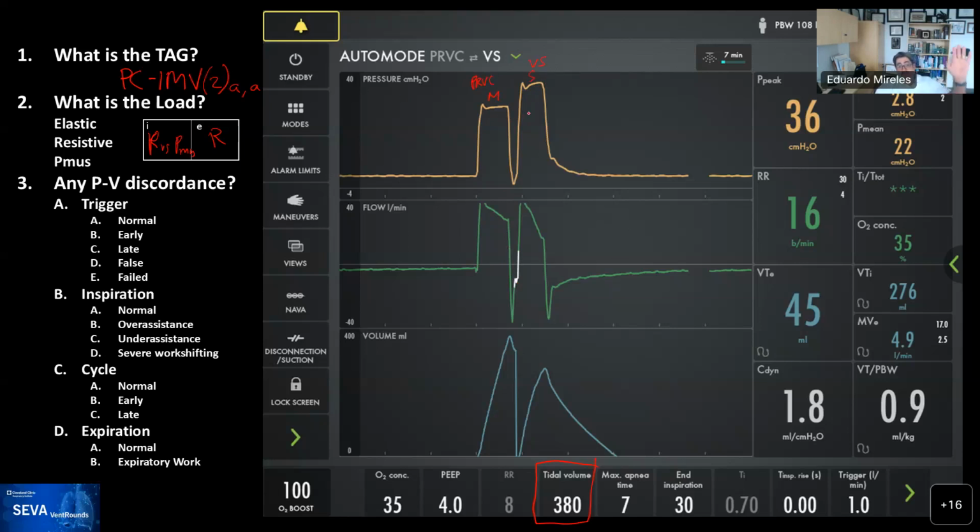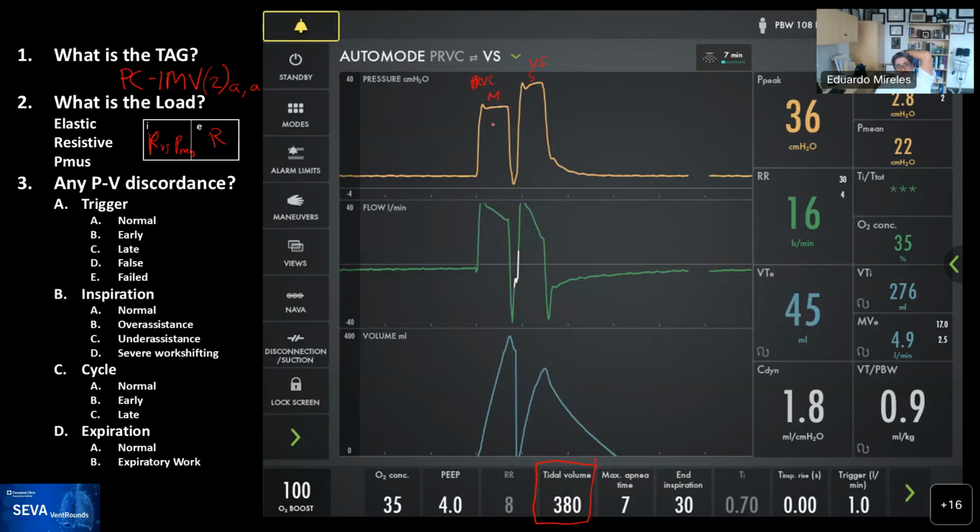And just as a side comment, what I understand from being at the bedside, although it's not clearly defined in the manual, is that the PRVC algorithm controls the mandatory breath, so it will give you the amount of pressure based on the last mandatory breath, and it will give you the pressure for volume support based on the last spontaneous breath.